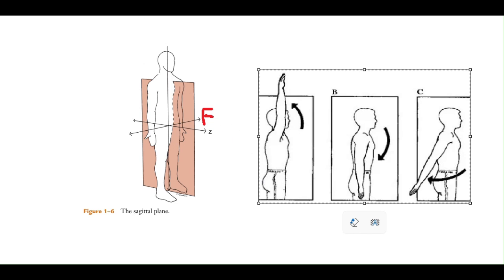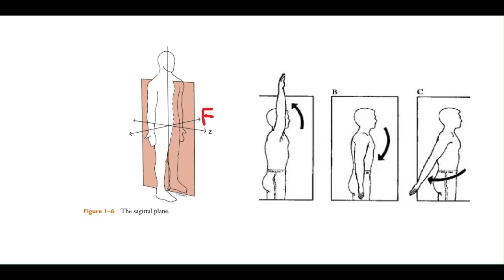So in this case, what happens is that the hand moves from the front of the body up, and then again back to its position or even behind in one single plane, that is the sagittal plane. So the movement that takes place in the sagittal plane includes flexion and extension.